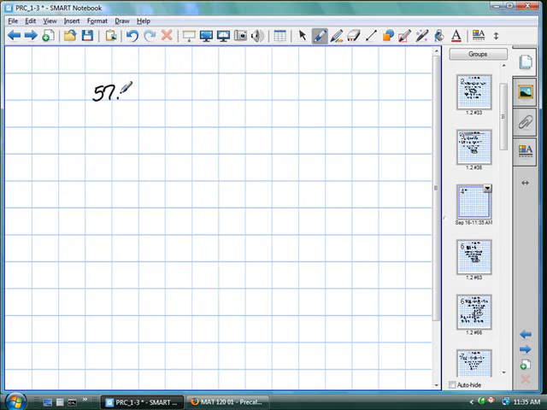Okay, 57, we have 4y minus 0.75x plus 1.2 is equal to 0. And our directions are, find the x and y intercepts algebraically.